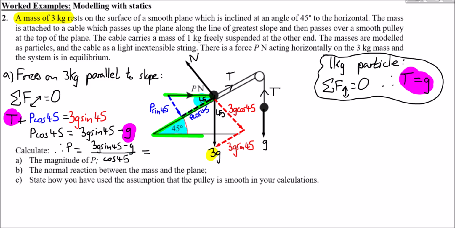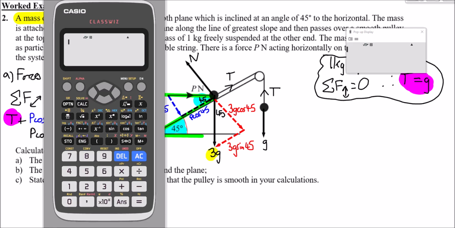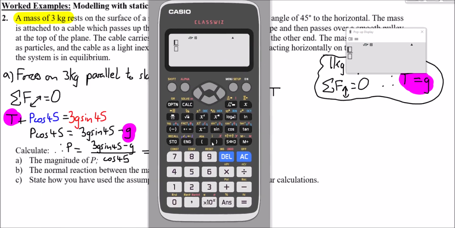If we just type this in carefully on the calculator, we'll be absolutely fine. 3 times g, which is 9.8, multiplied by sine 45, minus g, which is 9.8, divided by the cosine of 45. That's going to give us a value of 15.5 newtons to 3 significant figures.